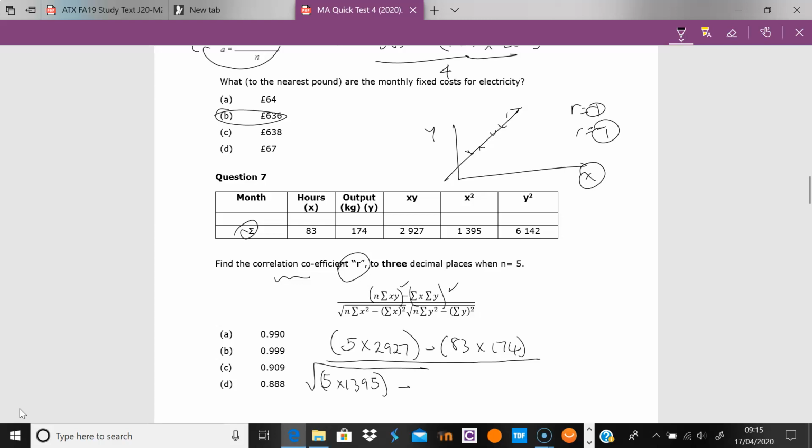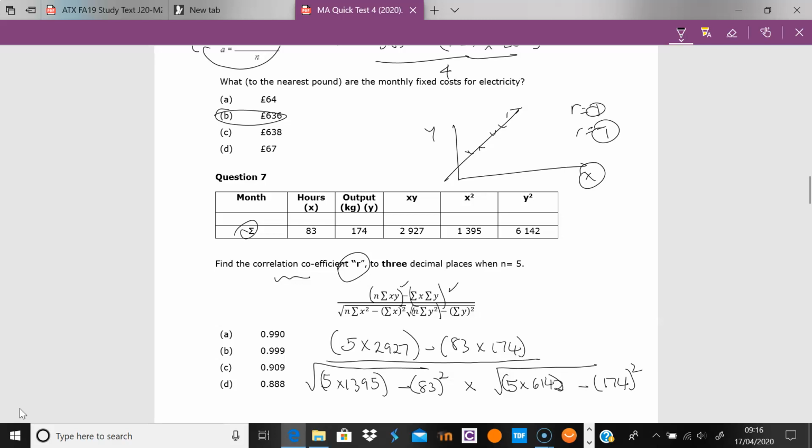which is 83 squared, times, again, 5 times the sum of y squared, which is 6142, minus, I'll put brackets here, the sum of y, which is 174 squared.